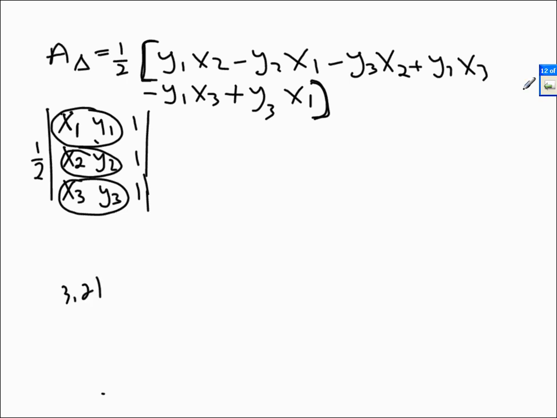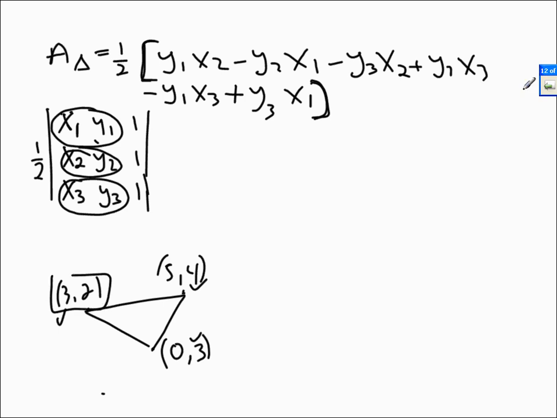3, 2, and 5, 4 is the second point, and 0, 3, the third point. You're just given these 3 points. Okay? Now, there's no reason why this has to be the first point, and that has to be the second, and this one the third. One of your classmates could put this down first, and this down second, and this down third.